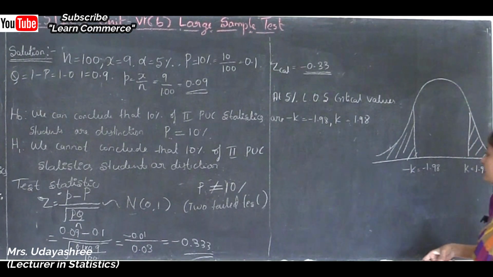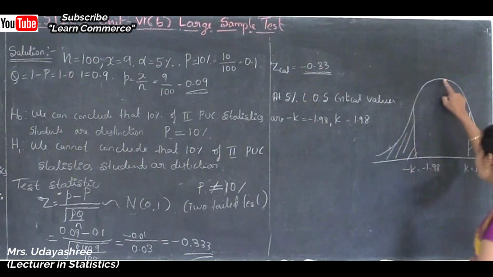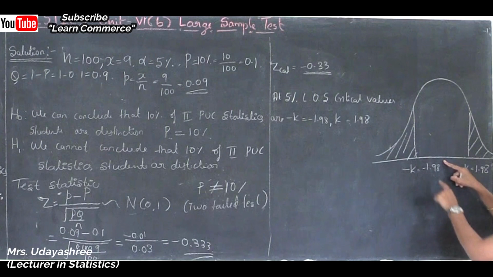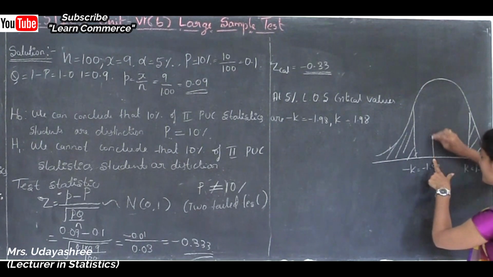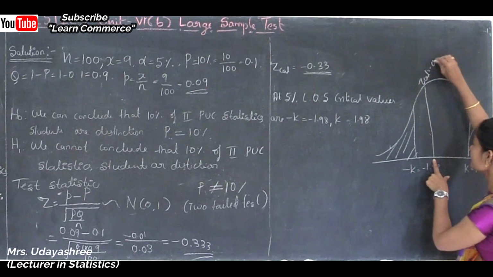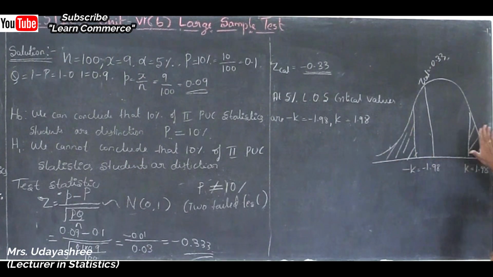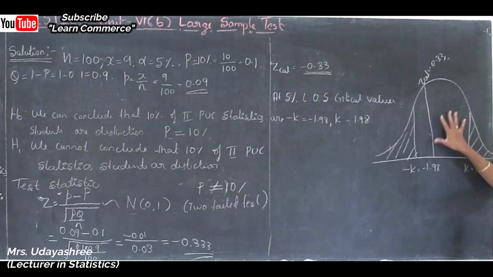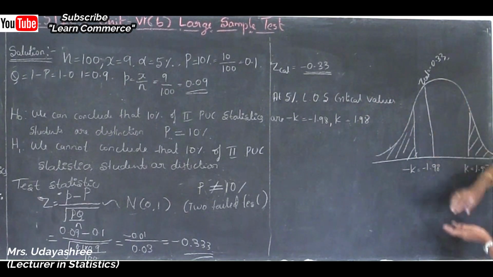And see this calculated value, that is minus 0.33. See here center value is 0, then minus 0.33 comes here. This is calculated value, it is minus 0.33. We know that this is rejection region, this is rejection region, and this is acceptance region. And see here calculated value is minus 0.33.